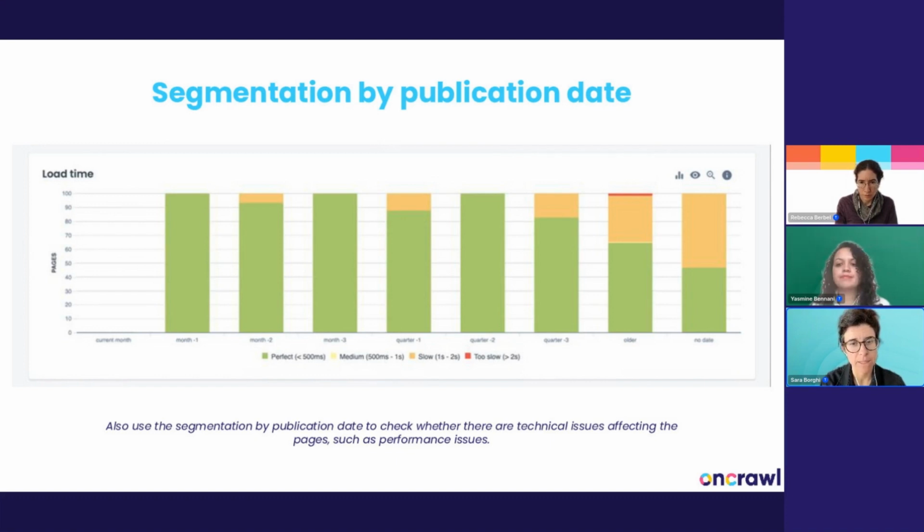So it might be that they are on an old template, or they have a lot of images, or maybe they contain some media, or maybe there's some issue with the plugins. There could be a lot of reasons, but we definitely see that as the posts get older, the performance in terms of load time tends to decay. So we need to again look into them and analyze what can be done in order to improve them.